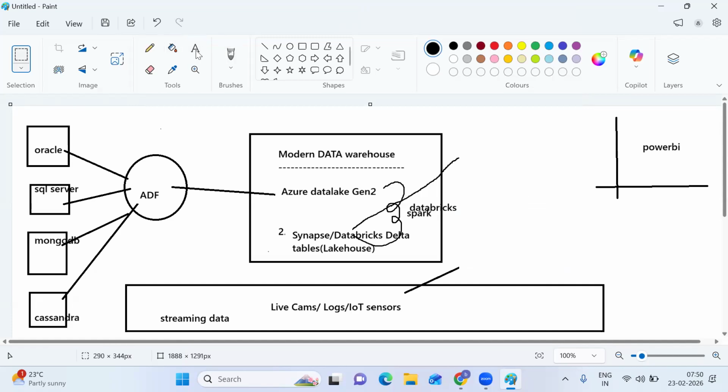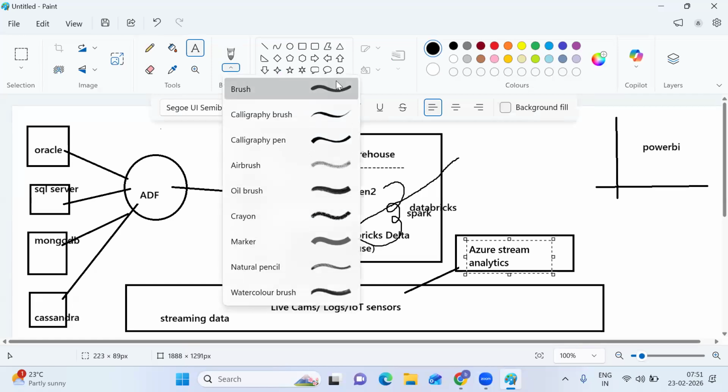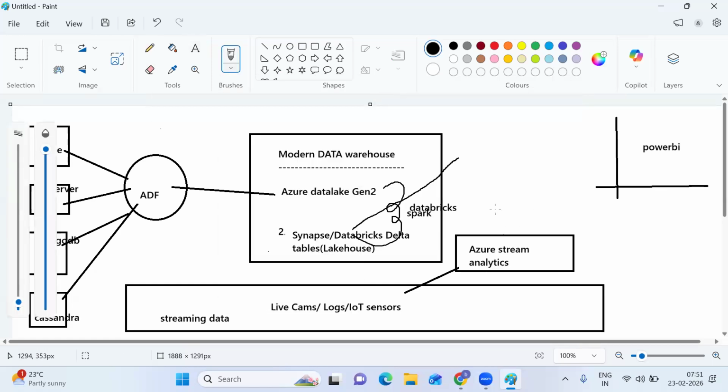Here you have Azure Stream Analytics. Again, the results processed by this will be dumped into the data lake, data lake or delta table, whatever. It depends on the business use case.